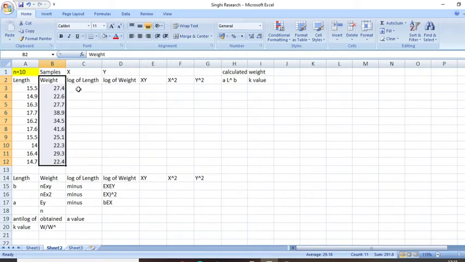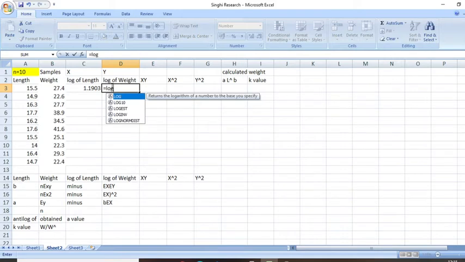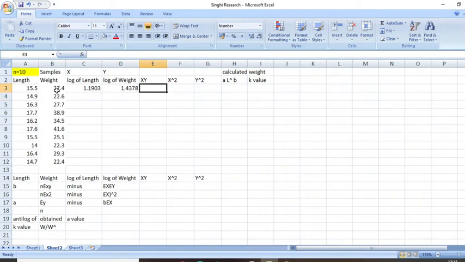Now we will take a log of length; log of this length will be your x and log of weight will be your corresponding y.